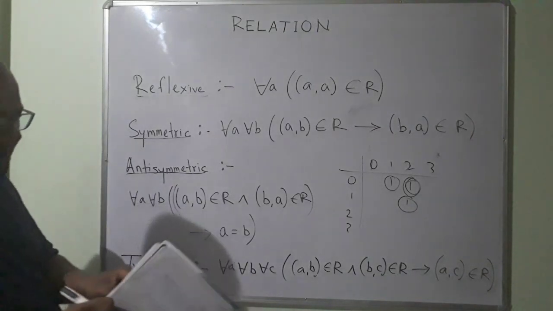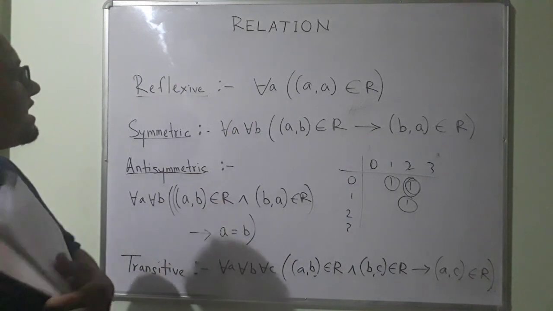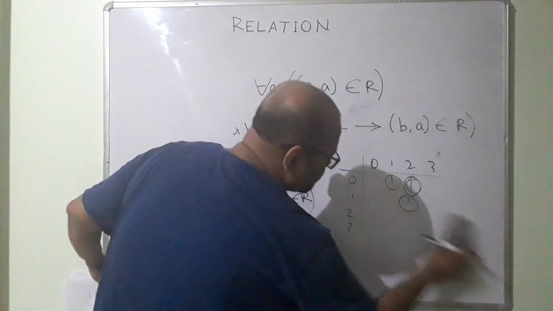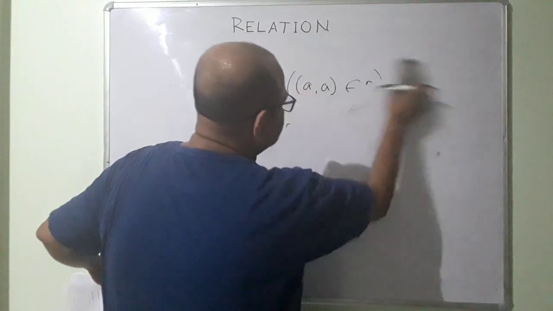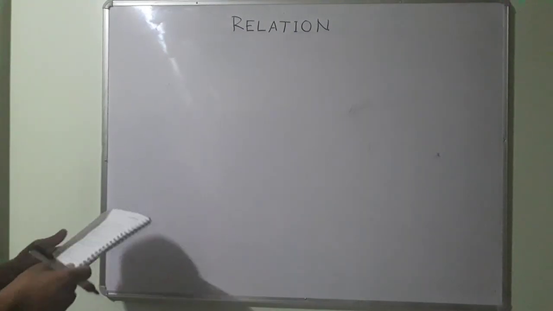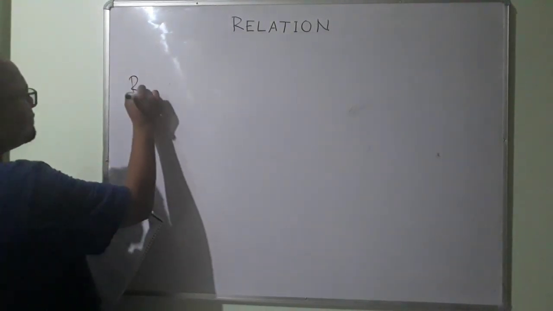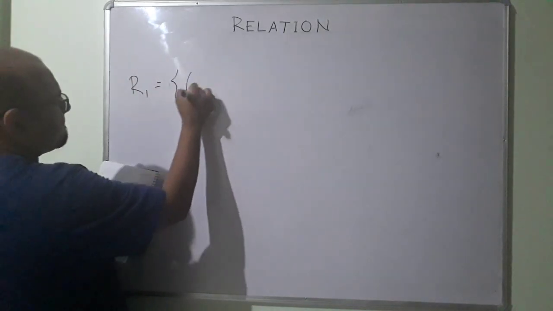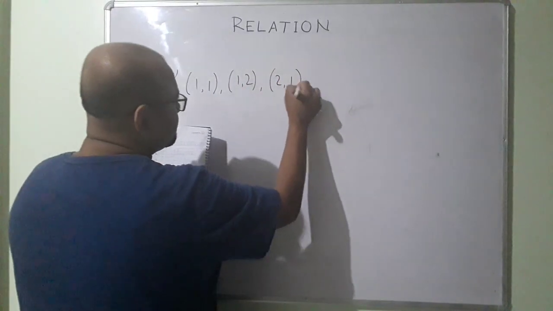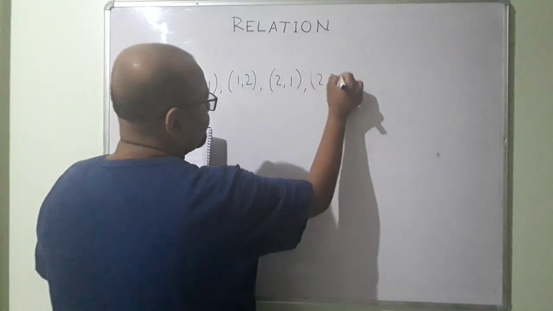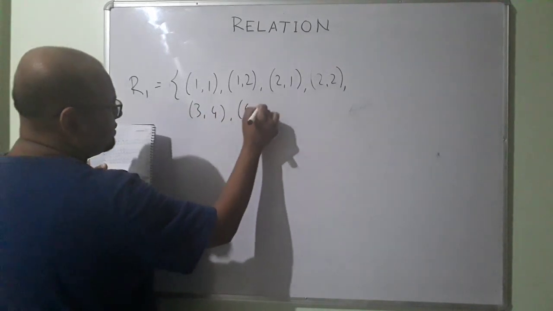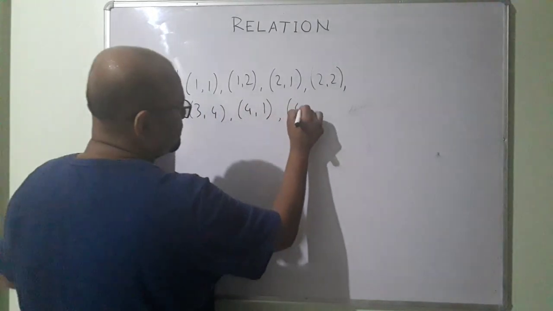Now let us try to see if we could figure out if some of these relations are reflexive, symmetric, antisymmetric and transitive. Let me write down a few relations. Relation 1 consists of 1 1, 1 2, 2 1, 2 2, then 3 4, 4 1 and 4 4.